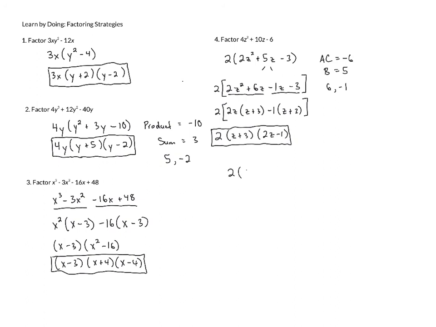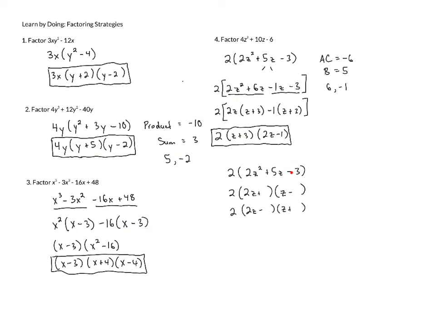If we wanted to use trial and check instead of the AC method, we could have done that. We know that to get 2z squared, we would need 2z and z. And then because the product is negative, we end up having either a plus and a minus, or a minus and a plus.